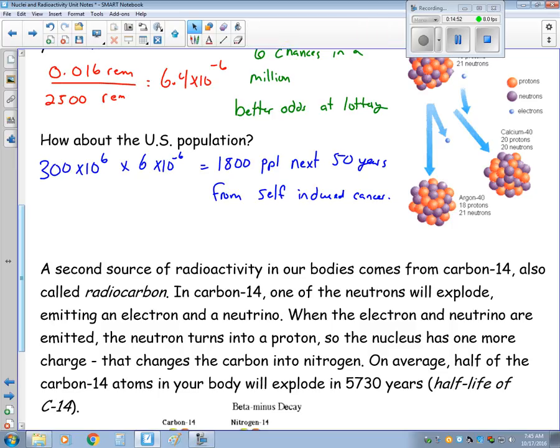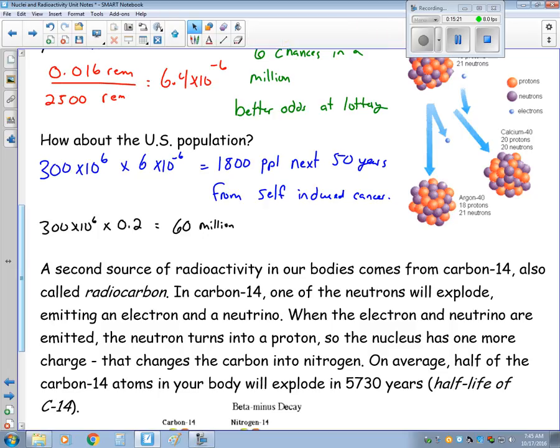However, remember that we expect 20% of the population to die from cancer anyways. So, when we run those numbers, that's like 60 million.